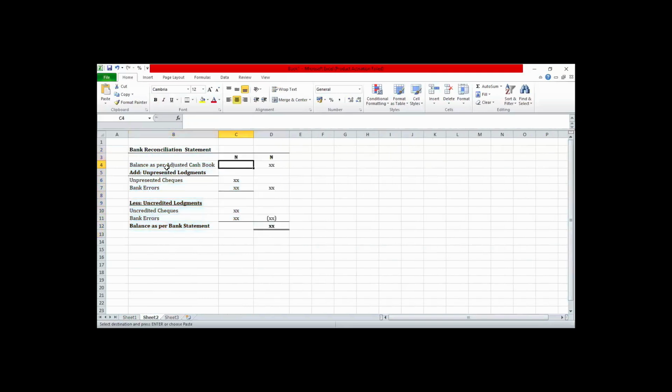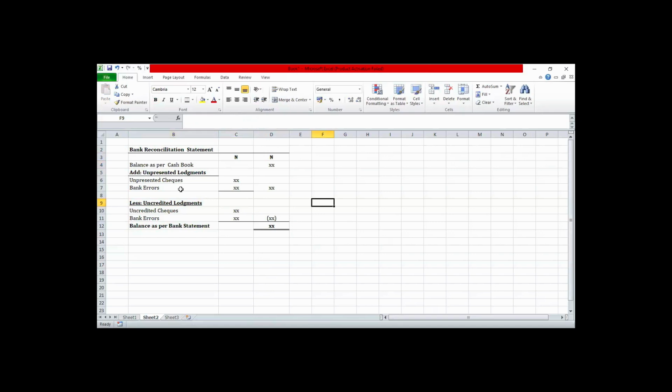Now, nothing will change. Adjusted bank reconciliation statement, nothing will change there. Balance as per adjusted cash book will not appear. What will appear there will now be balance as per cash book. That's what you put there.